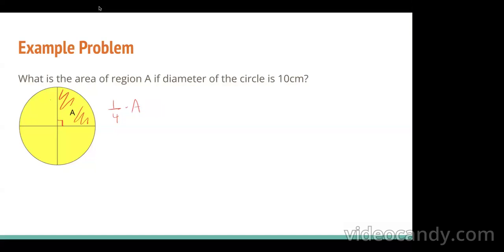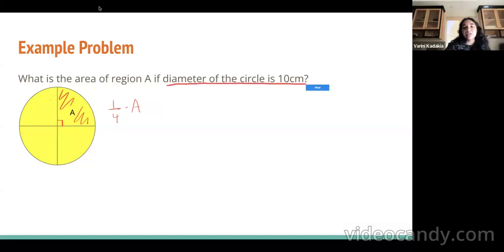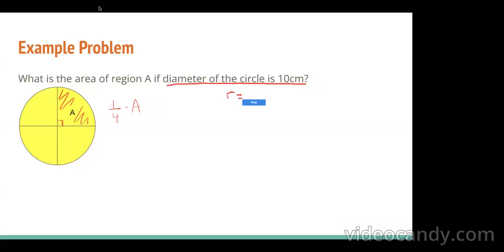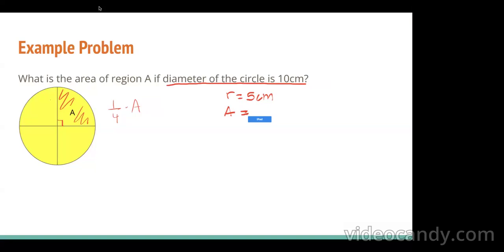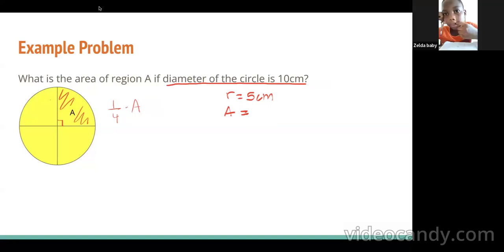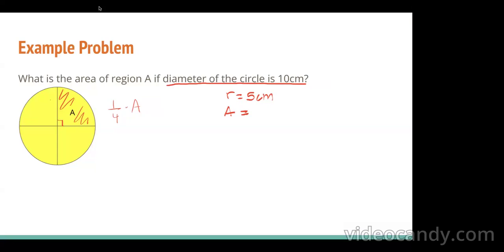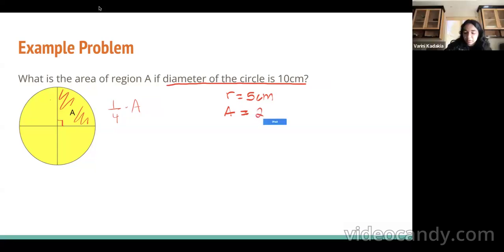Yes. So now let's find the area of the entire circle. Our diameter is 10 centimeters. So what's my radius? 5. Yeah, it's 5 centimeters. Okay? So what's my area then? Yeah, it's going to be 25 pi.